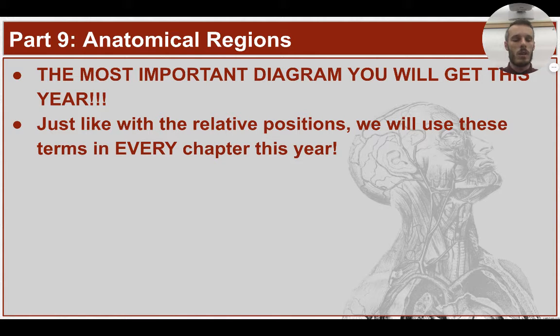Knowing all these terms for the different regions of the body is going to be very important for you, not just during this chapter, but all year. Just like with the relative positions, this is another part of chapter 1 that you need all year. So it is so important for you to know these regions.